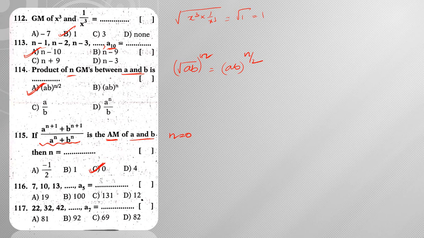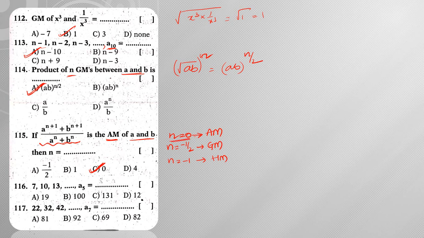If n is equal to minus 1 by 2, then it represents GM. If n is equal to minus 1, it represents HM. So these three things you need to remember.